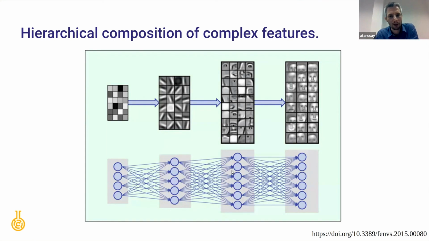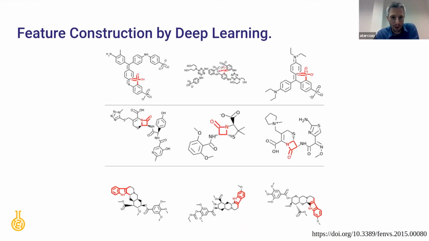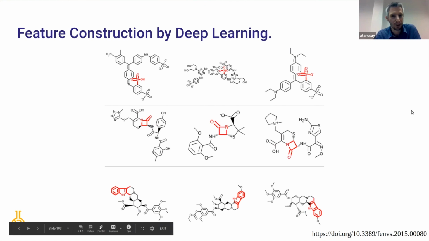And then if you progress in these layers, that can potentially construct chemical moieties that are responsible for a toxicological outcome or for an activity prediction. And in this article, they describe that that's what happened indeed, since these molecules had the highest activation in the first layer, in the second layer, or some of the subsequent layers.